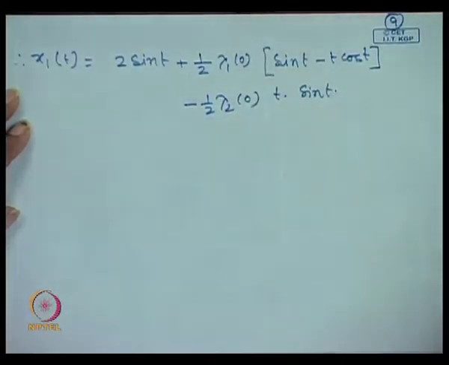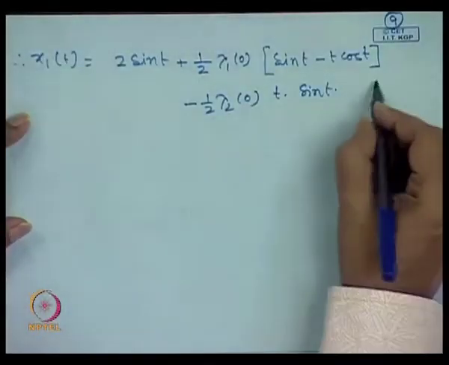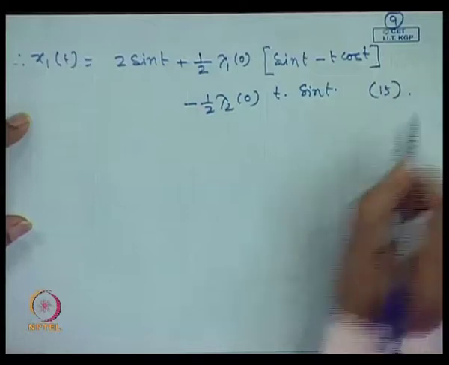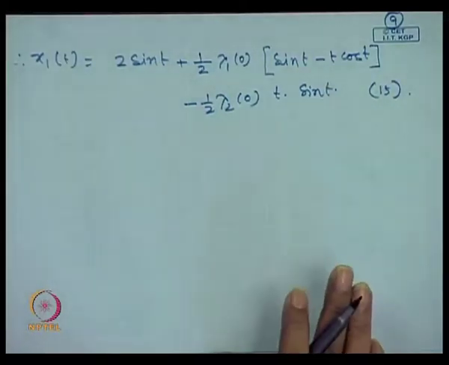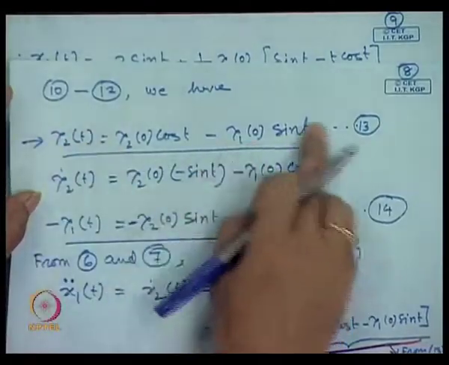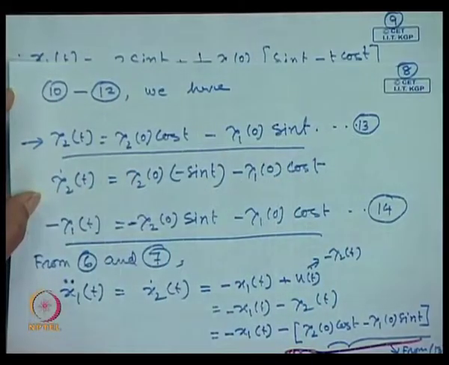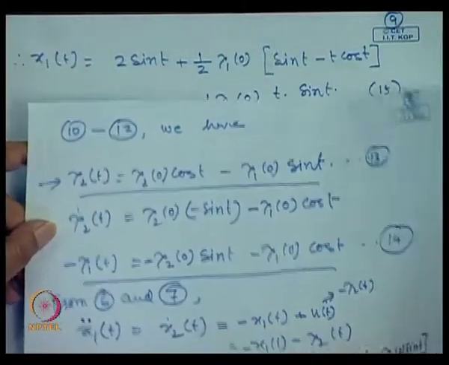So we have done up to equation 14. Let us call this equation 15. Our control law is u of t equal to minus lambda 2 of t. If we know lambda 2 of t, we can find the control law, and once we find the control law, we can find the trajectory x of t.